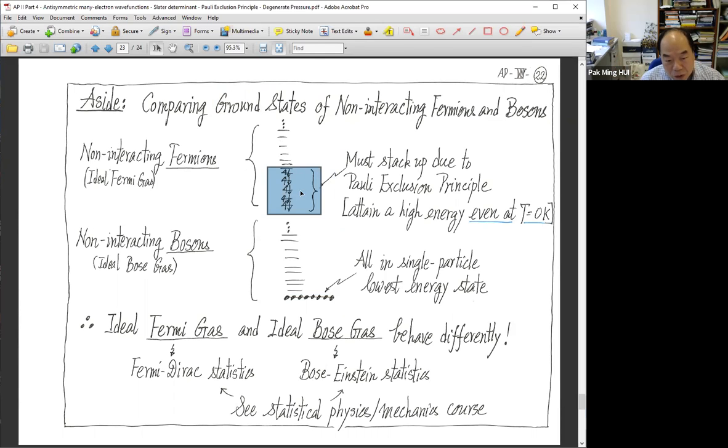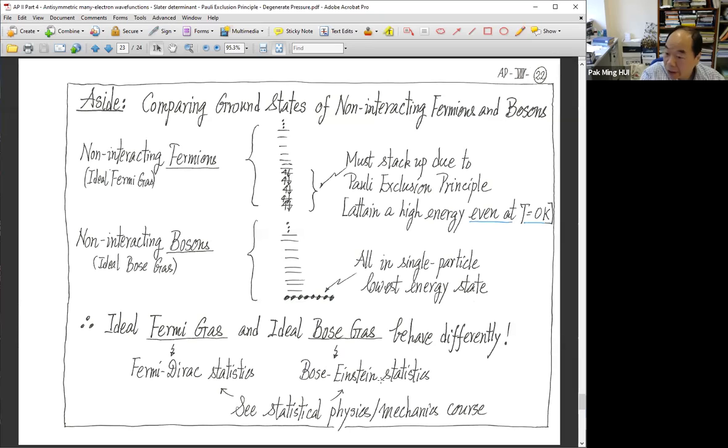Now, for those of you who are doing the thermal and statistical physics course this semester, you will soon see that fermions obey one kind of distribution called the Fermi-Dirac distribution, and bosons follow another type of distribution called the Bose-Einstein distribution.